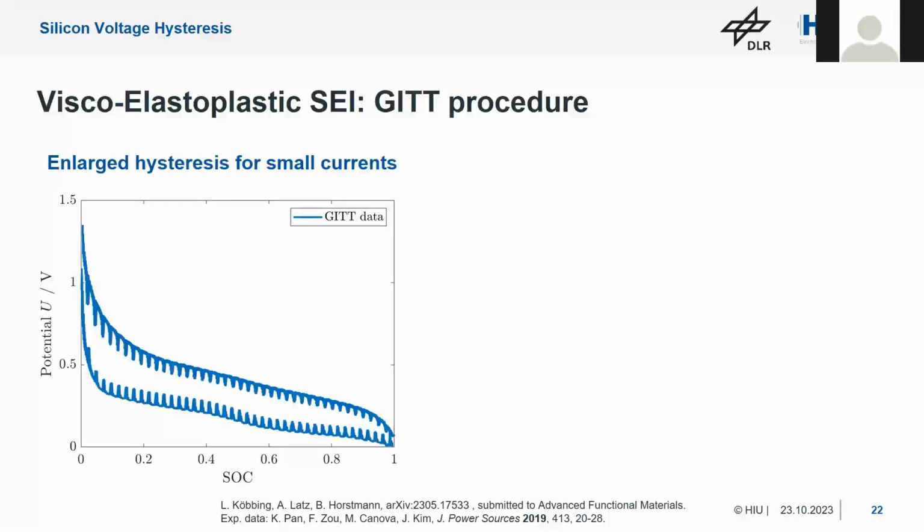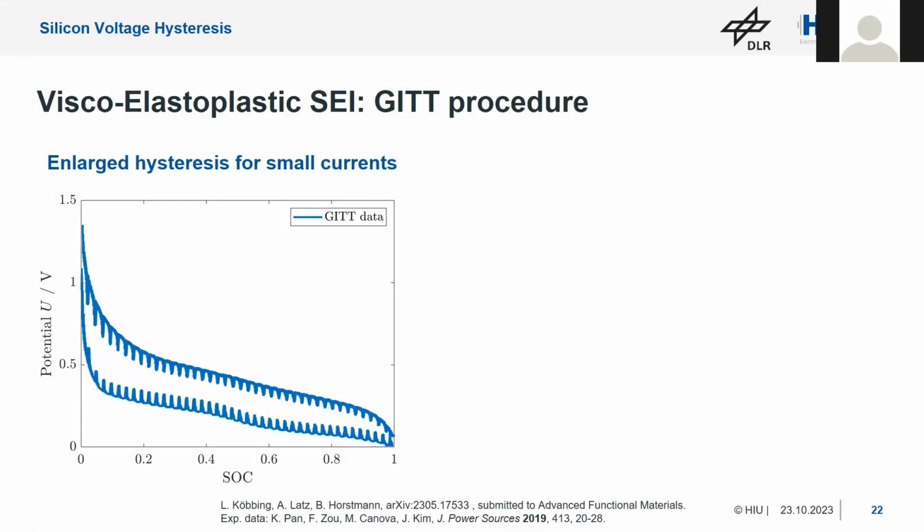But you can also look at the hysteresis by looking at slow currents, for 0.1 C, and then calling this hysteresis. Or you do a full GITT like here, and there you would see the difference between the lower ends of these curves, which would be the GITT results, and the upper ends, which would be the charge discharge at slow rates results.